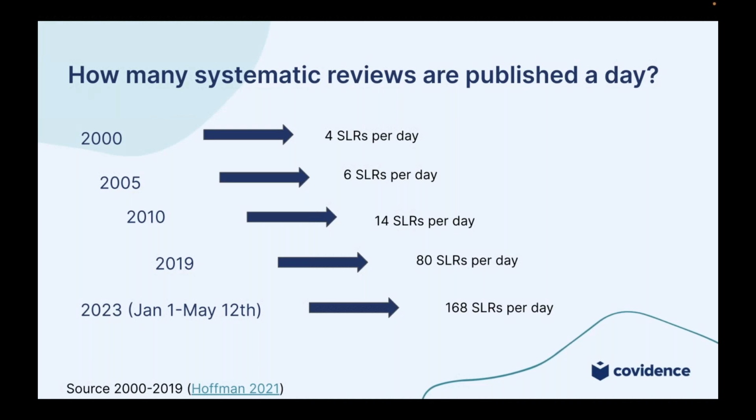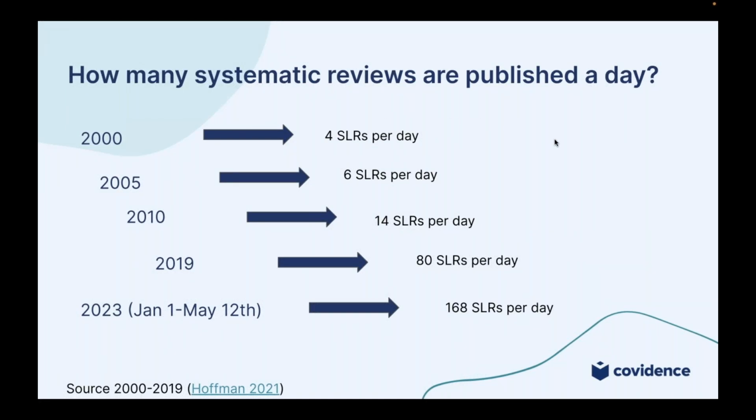So the first part of this slide is based on a publication by Hoffman that was published in 2021. They looked at publication trends in systematic reviews that were published between the year 2000 and the year 2019. So we're looking at this part of the slide here.